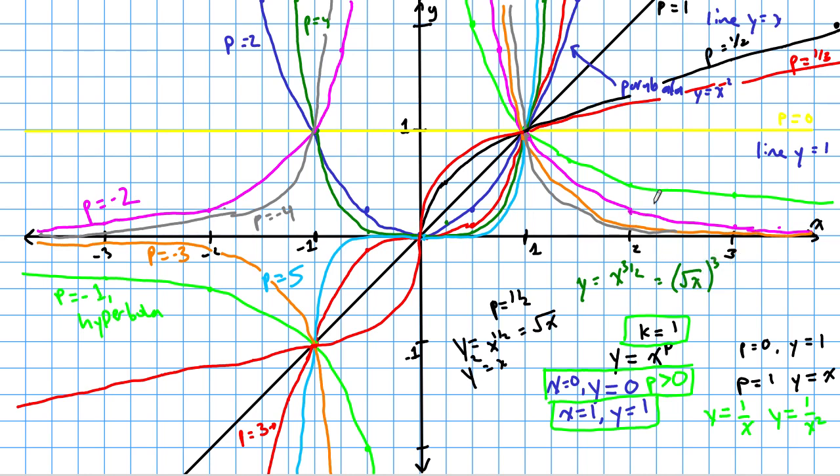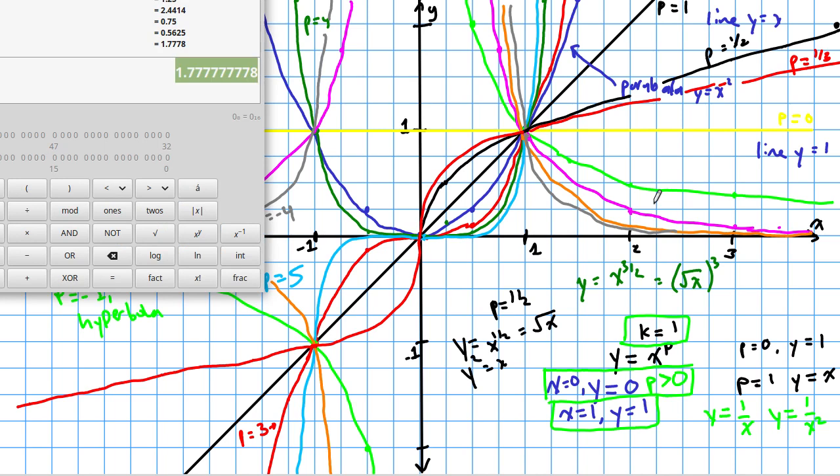So let's use some calculating here. What if we put in 2? We would get the square root of 2 to the 3rd power, 2.8, which is off of our graph. So let's try 1.5. We take the square root of 1.5 and raise it to the 3rd power, we get 1.83.